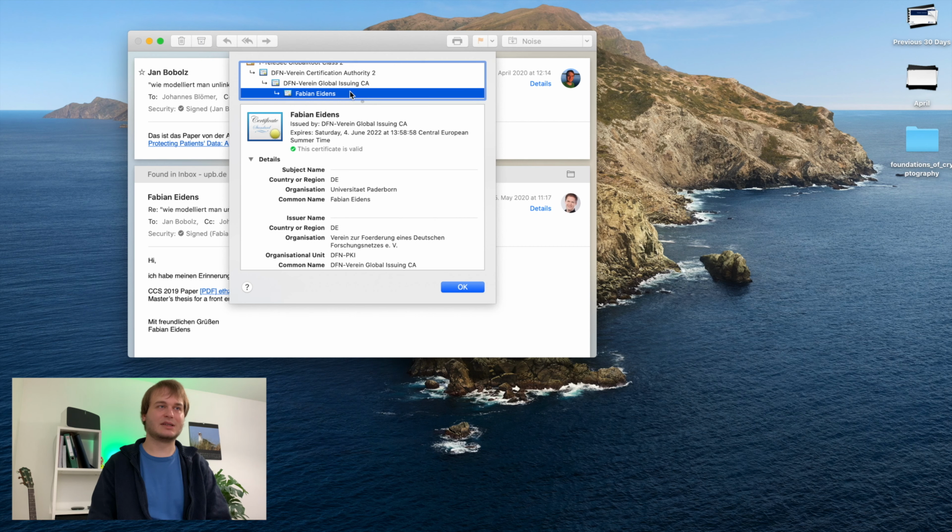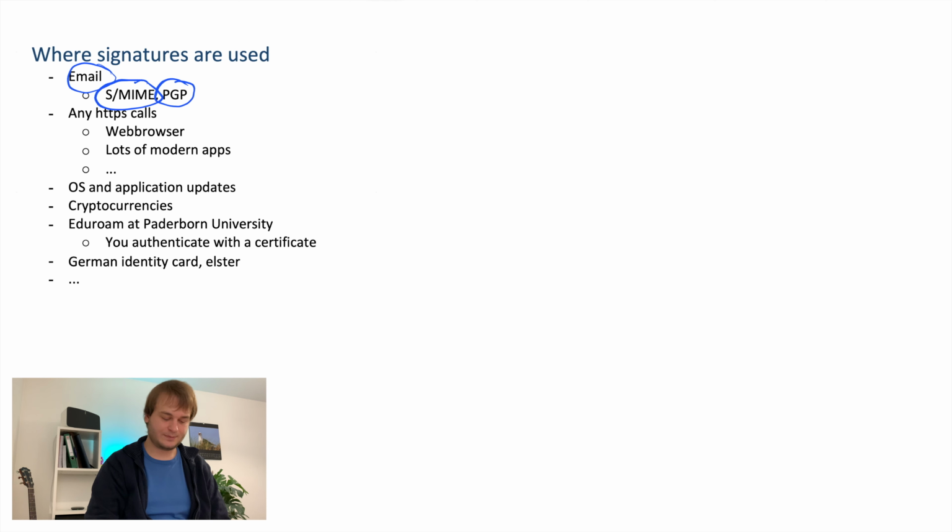Oftentimes, these certificates are something that you have to pay for. So you usually have to pay some trusted authority so that they can actually do the checks to make sure that you are you and they are signing the correct public key. But then you would get the certificate and you can essentially use it to send along emails like it happened here. So back to our overview.